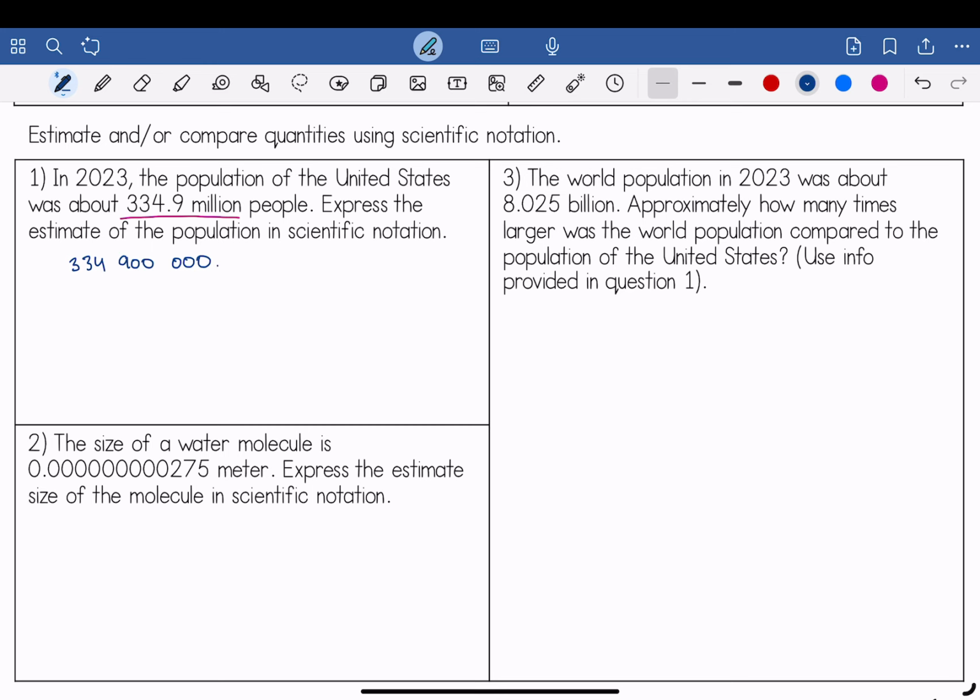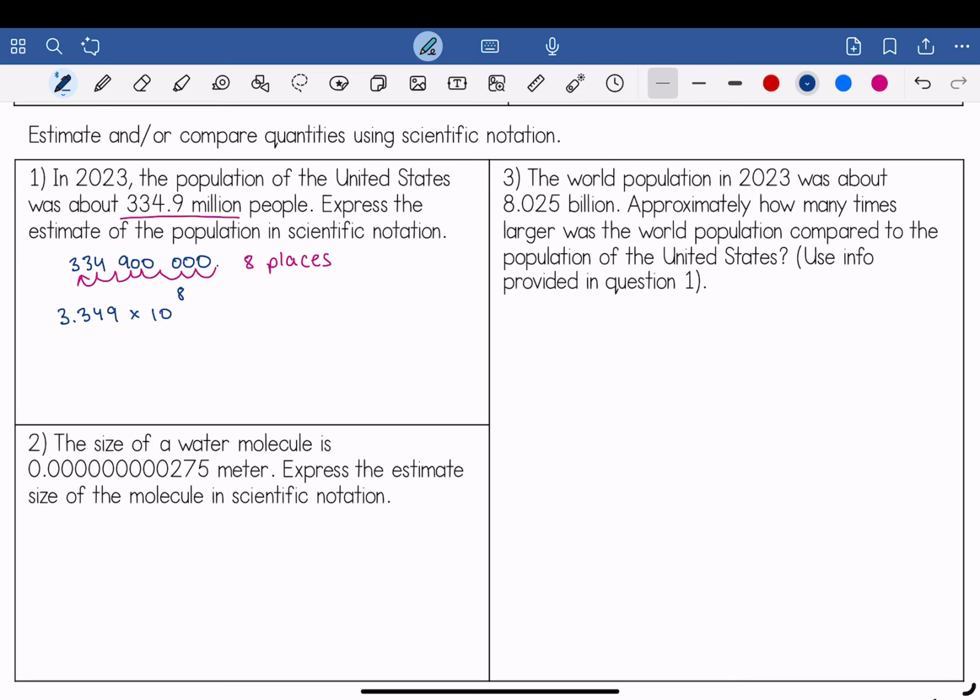There is a decimal point here that would need to be moved 1, 2, 3, 4, 5, 6, 7, 8 places. Therefore, in scientific notation, it is 3.349 times 10 to the power of 8.